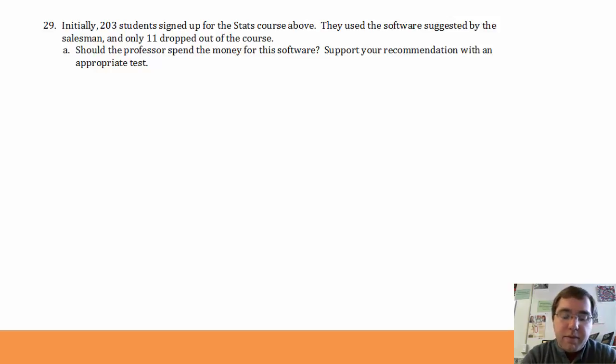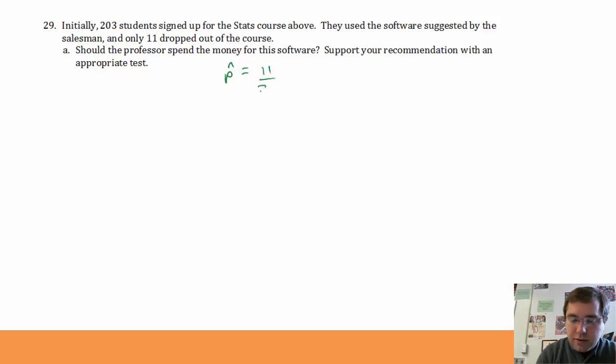Number 29. Initially, 203 students signed up for the stats course listed above. They used the software suggested by the salesman, and only 11 of those 203 students dropped out of the course. So should the professor spend the money for this software? Support your recommendation with an appropriate test. Well, what is that proportion from this particular sample? What's the p-hat?